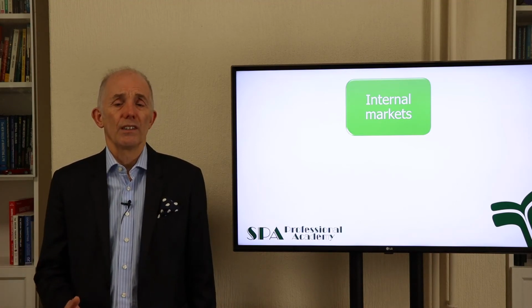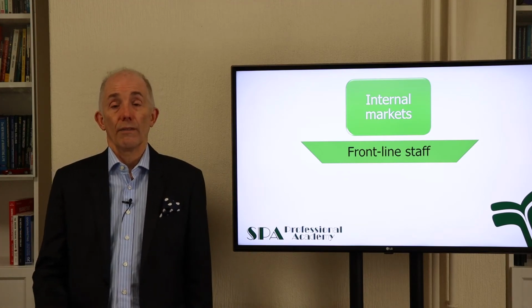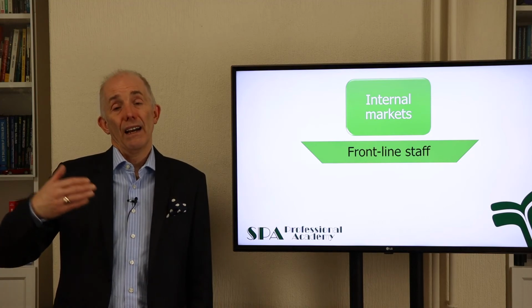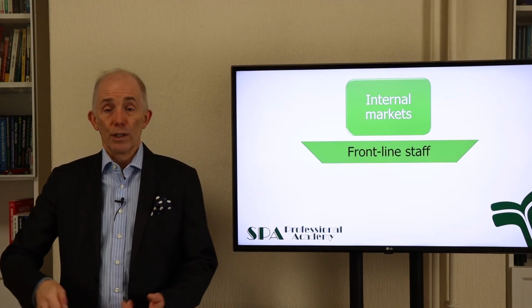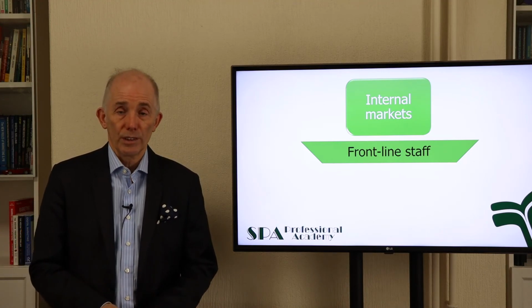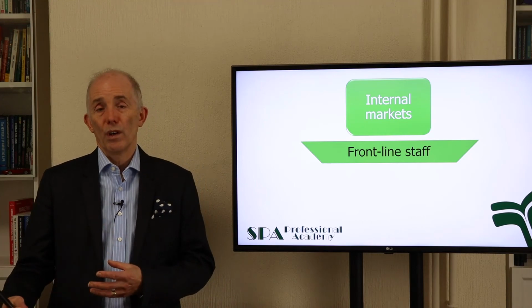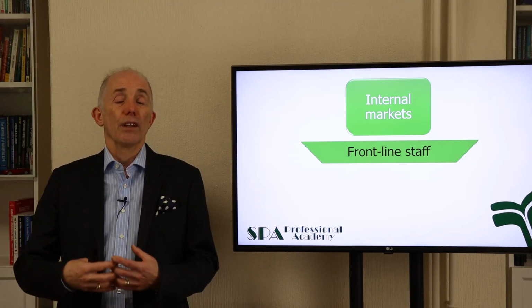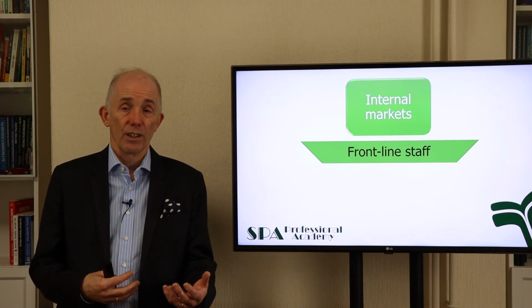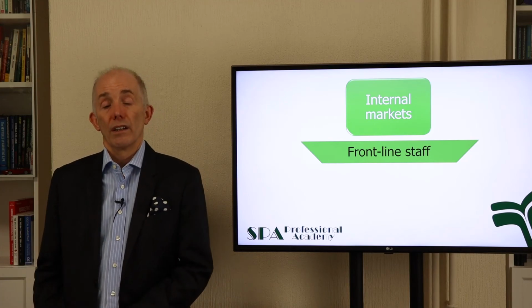So in terms of those internal markets, very, very important, the frontline staff. They're the ones that have that direct communication with the customers. So whether we're talking about salespeople, customer service people, service engineers, whatever terminology we use, the frontline staff that are there, receptionists can be another, in day-to-day contact with customers.